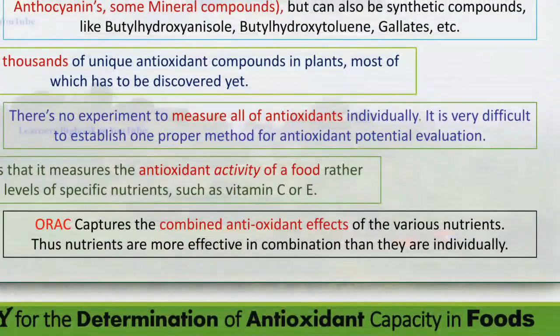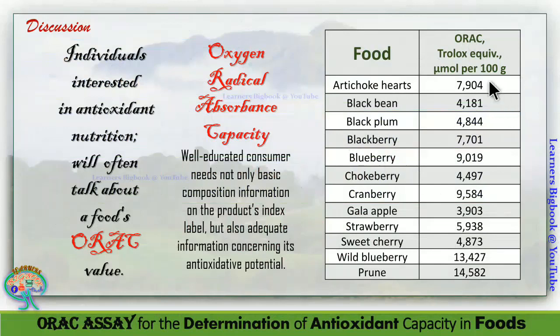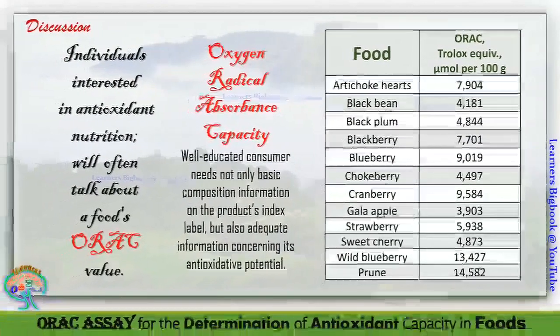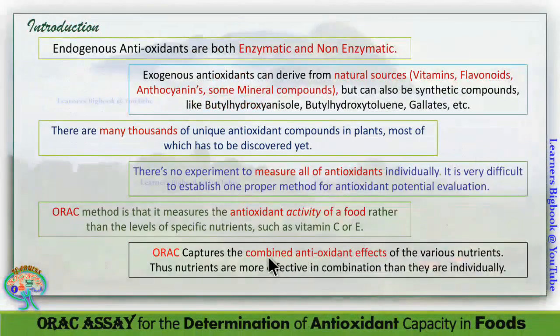Now here, as we have spoken, whatever the table which we have spoken about in this slide, this is the combined antioxidant effect, which can be captured with the help of the ORAC. So the nutrients which we are consuming through the foods are more effective in combination than they are taken individually.